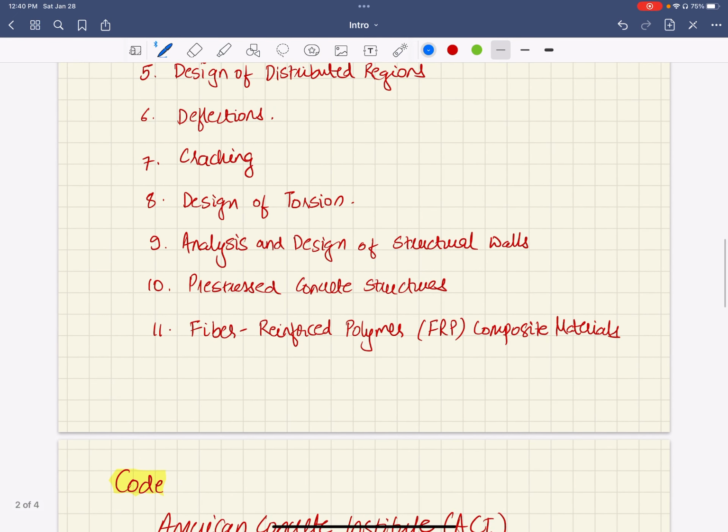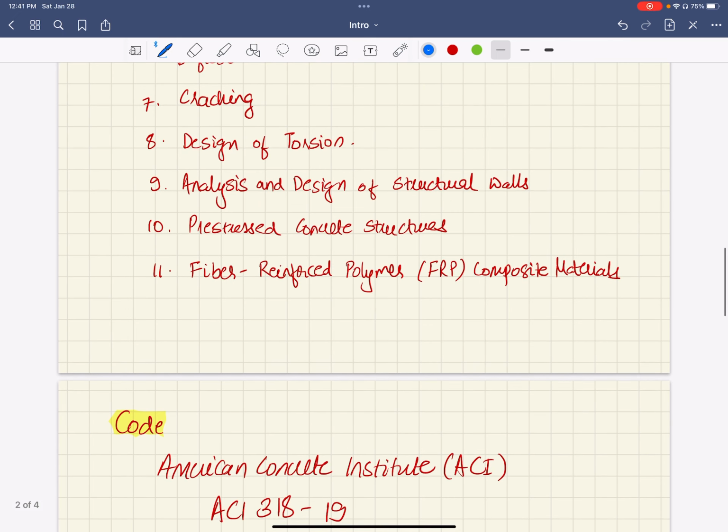Eventually we'll look into analysis and design of structural walls, and with new materials coming in and out, we'll spend some time on pre-stressed concrete structures. And lastly, but not the least, fiber reinforced polymer, which is a hot topic these days in the research field. We'll go through it and see what mechanism or design concept it holds to solve the problems associated with it.